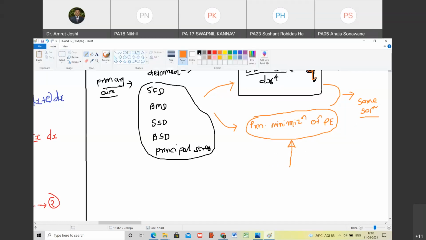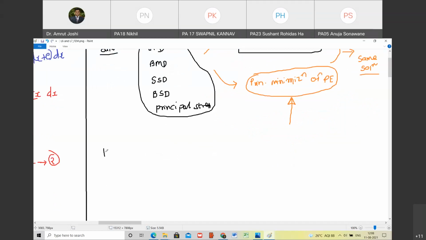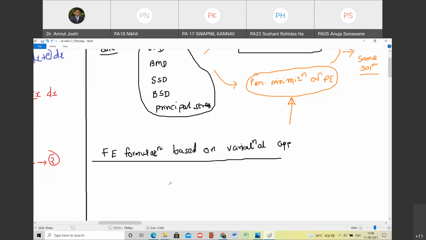The first part of this course deals with the FEM, finite element formulation, based on the variational approach. The variational approach is nothing but minimization of potential energy. Are you with me? Yes, sir. So I am going to use minimization of potential energy to do this finite element formulation.